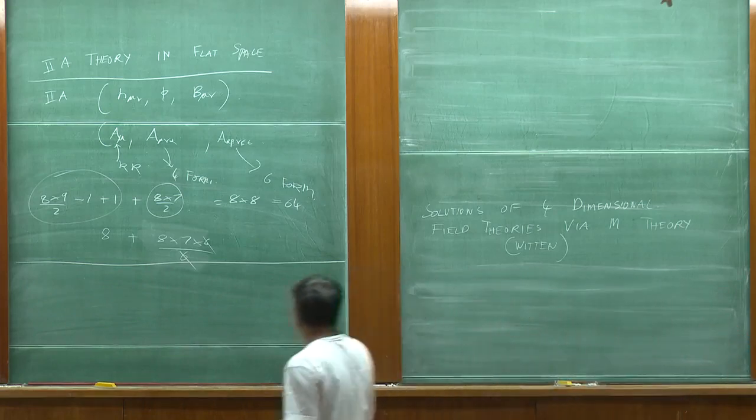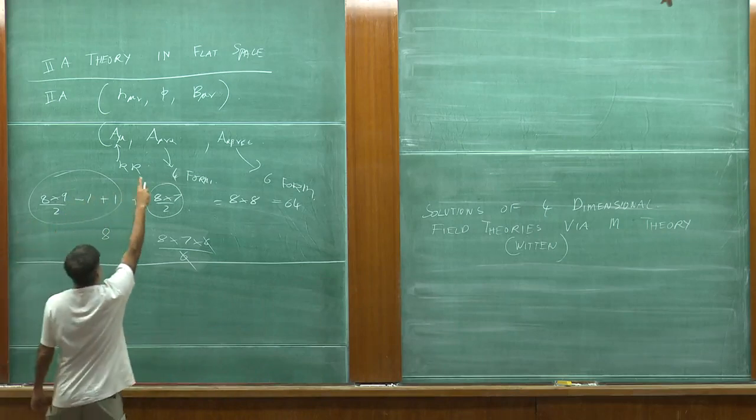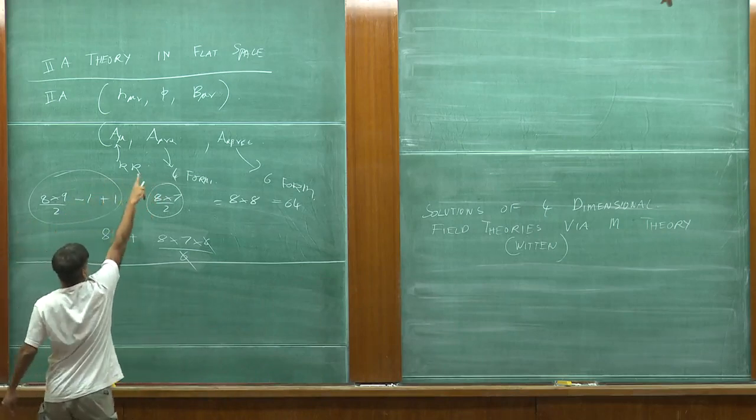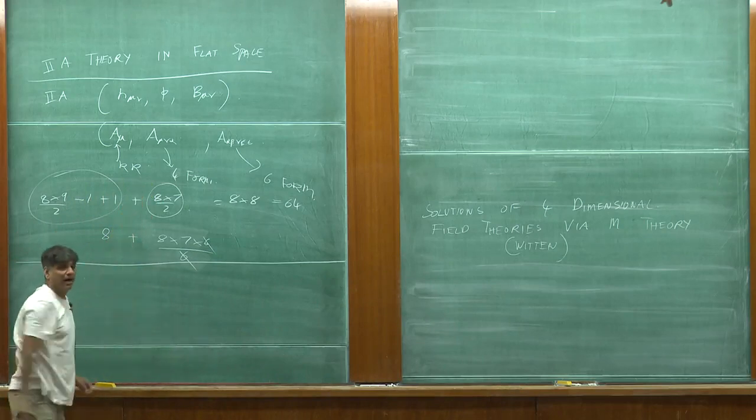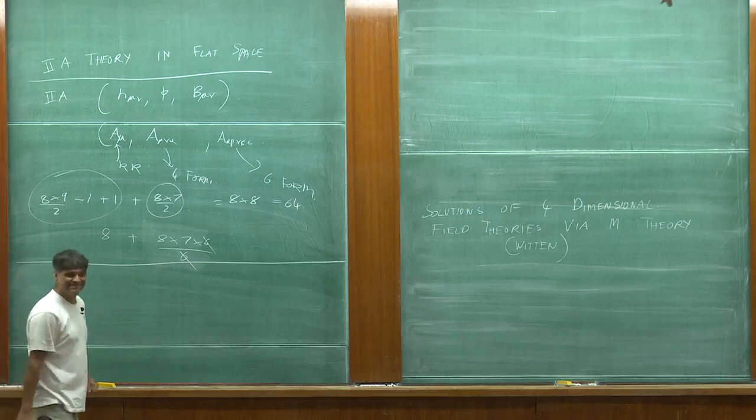I mean not the metric, of course, but all of the form fields, B mu nu, A mu, and A mu nu alpha. B mu nu couples to the fundamental string.